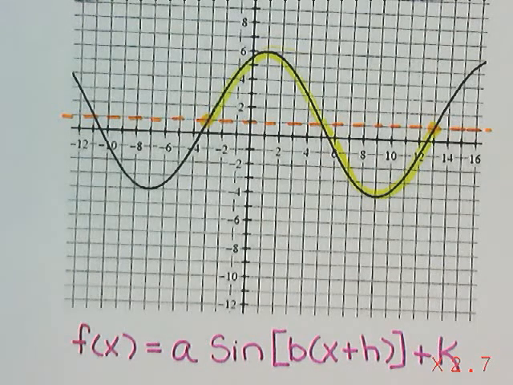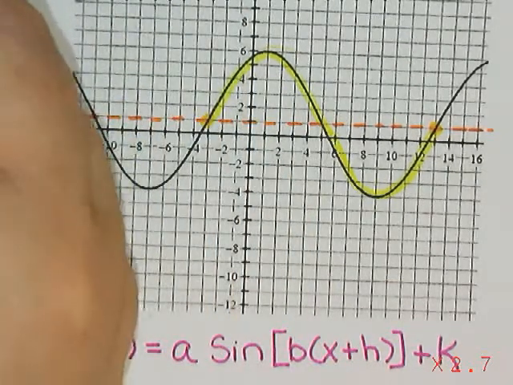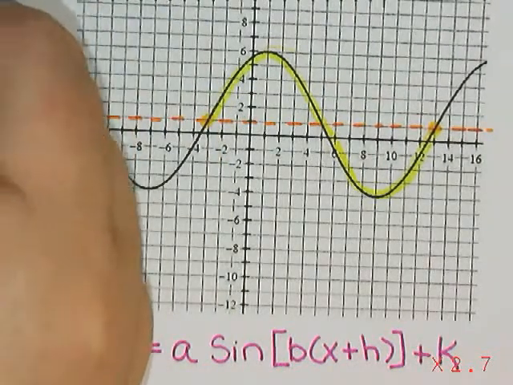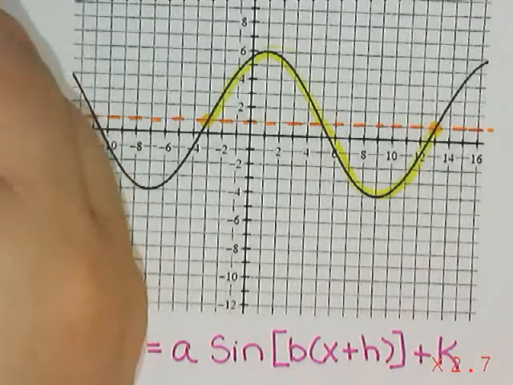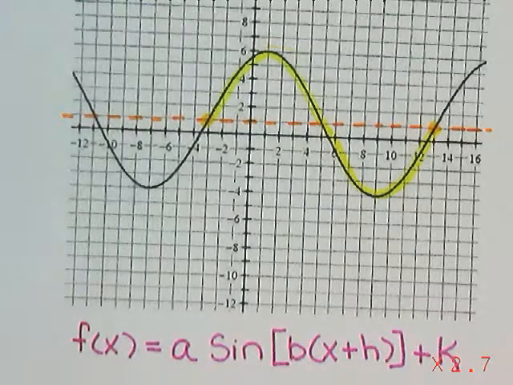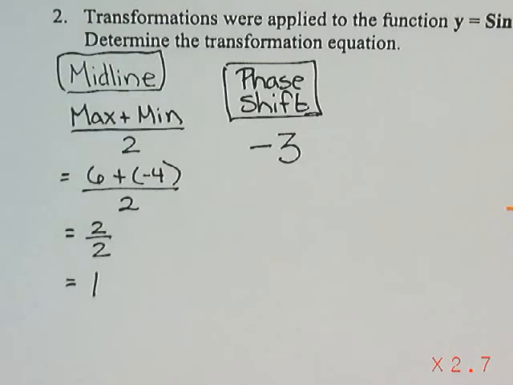So that means that my phase shift is -3. And we'll talk about where that shows up in our equation in a minute.